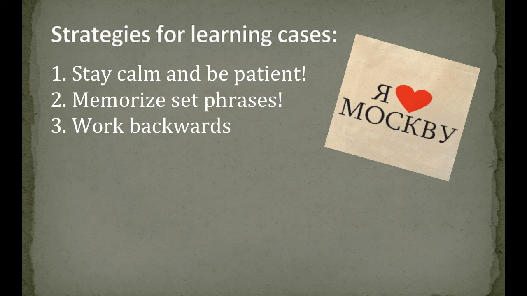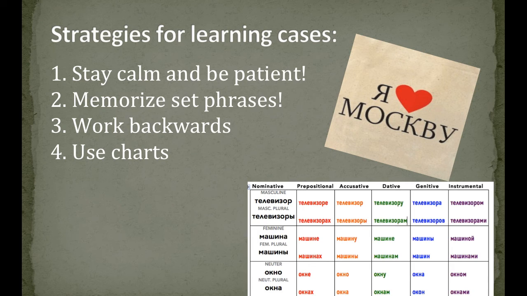If that doesn't work for you, and you're more of a grammar nerd, then great. Do things like using charts. So for example, here's a chart of the cases. Look how these different words change. So here's masculine gender, feminine gender, neuter gender. And here's how it changes in the different cases. I find that a lot of students like to color coordinate things.